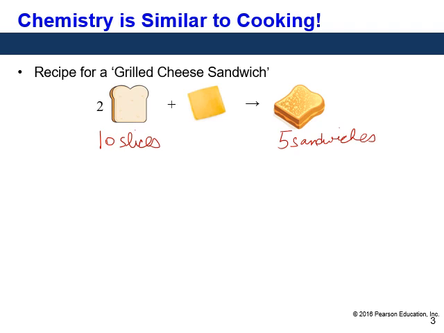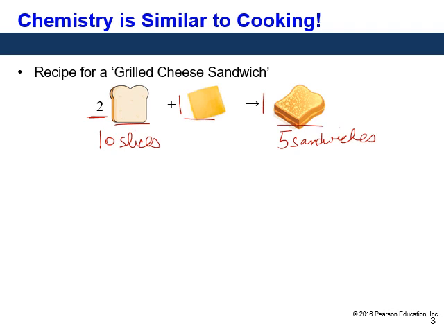And that's exactly what we do in chemistry as well. The chemical reaction is basically the recipe. If I write this recipe in the form of a chemical reaction, I would write it like this: 2 bread slices plus 1 cheese slice will give me 1 sandwich. So these 2 are my reactants and this is my product.